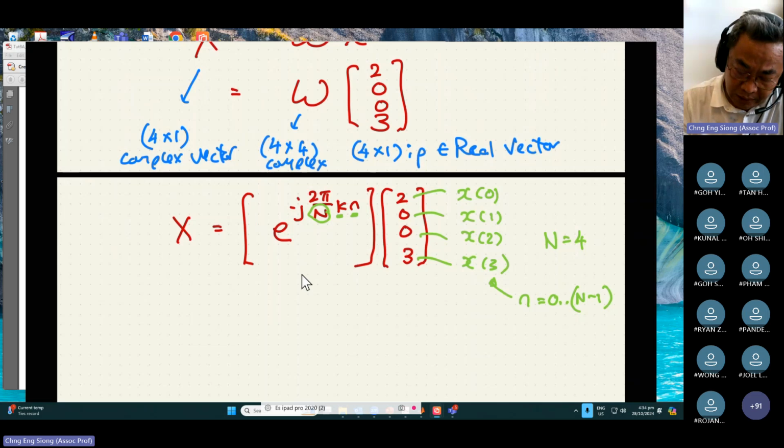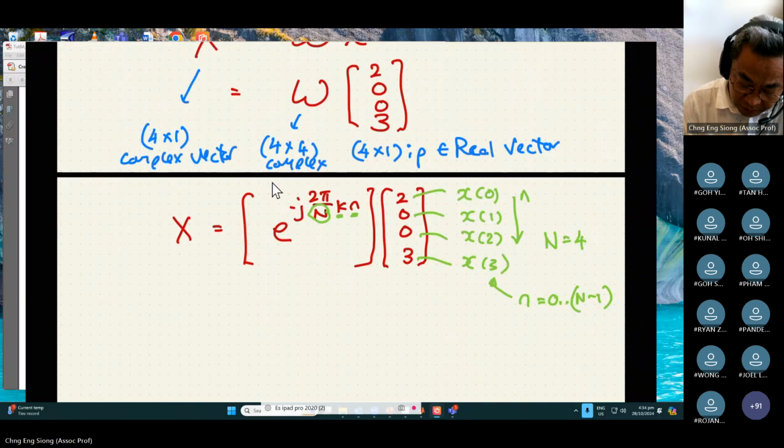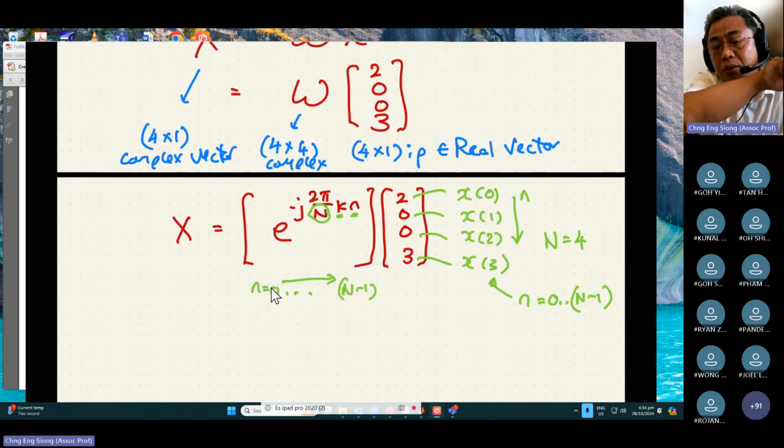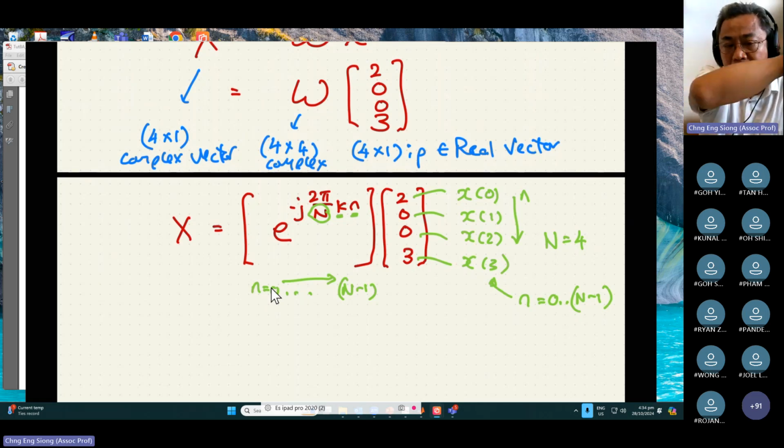The key idea is this: the little n is running from left to right. Therefore, this matrix W must be running n equals 0 to N minus 1 along each row.